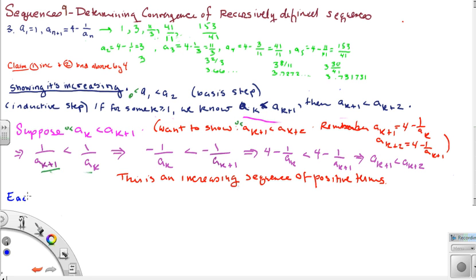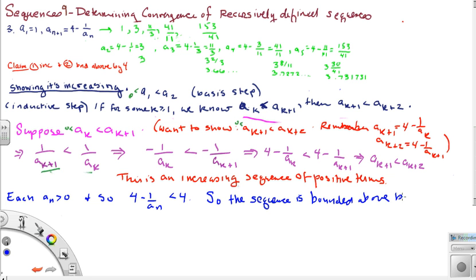Each a_n is positive, and so 4 minus 1 over a_n, where 1 over a_n is also positive, is going to be less than 4. So the sequence is bounded above by 4.